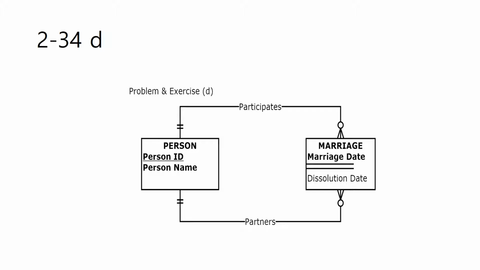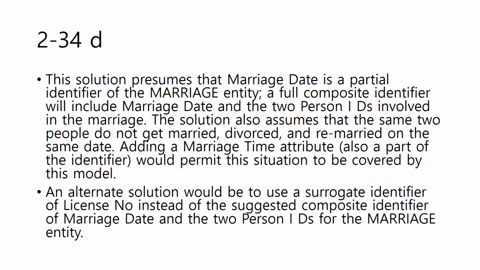Actually, in this case, this solution presumes the marriage date is a partial identifier of the marriage entity. A full composite identifier will include marriage date and the two person IDs involved in the marriage. The solution also assumes that the same two people do not get married, divorced, and remarried on the same date.